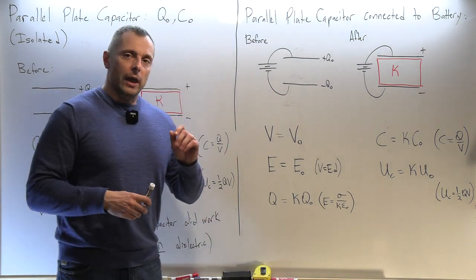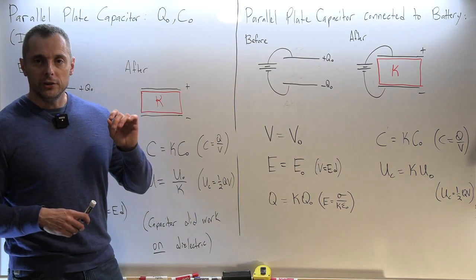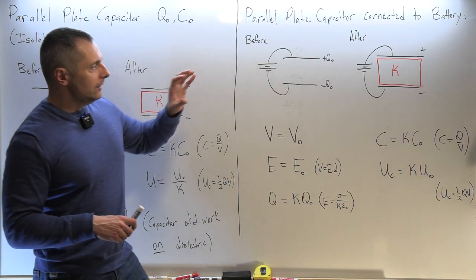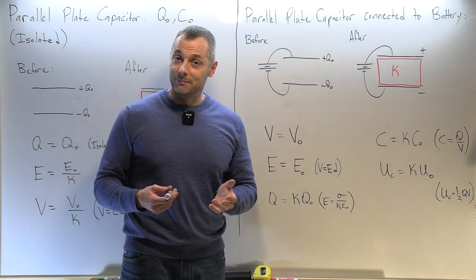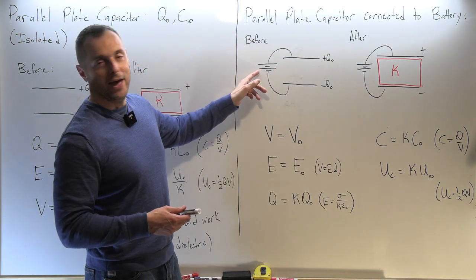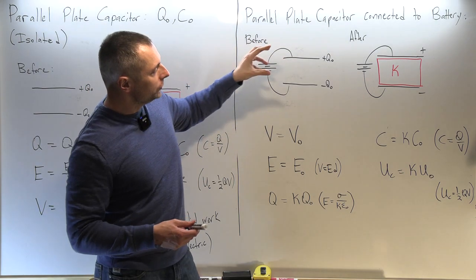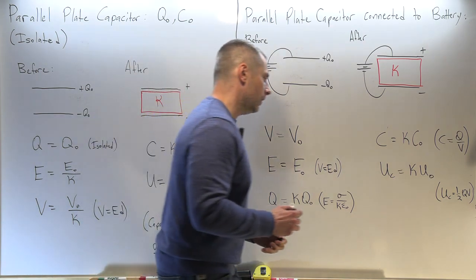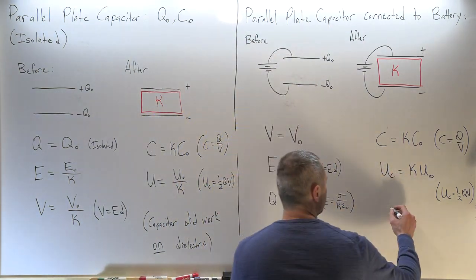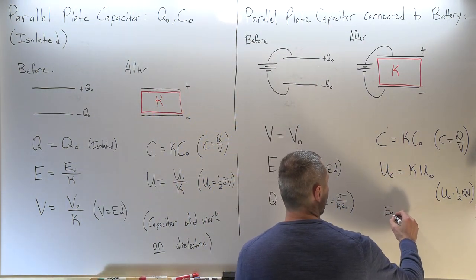Now, energy cannot be created or destroyed. Energy has to come from somewhere. Suddenly this whole arrangement has more energy than before. Where did it come from? The battery. By pumping more charge into the capacitor, we're also pumping more energy. So the extra energy came from the battery.